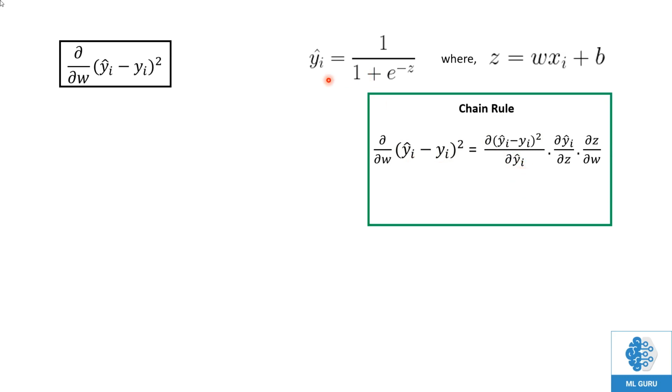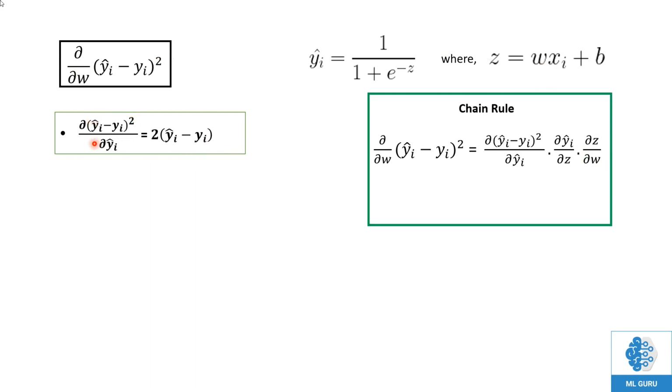And then, as you can see, this yi hat in turn depends on your z, so we then calculate the partial derivative of yi hat with respect to z. We finally have to calculate with respect to w, so the last term will be the partial derivative of z with respect to w. Now let's calculate the first term, which is very simple.